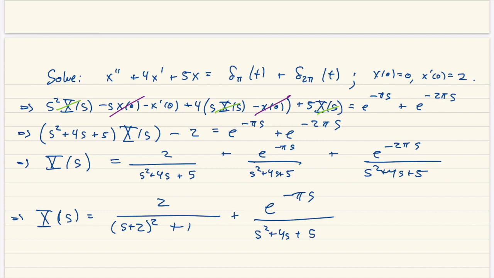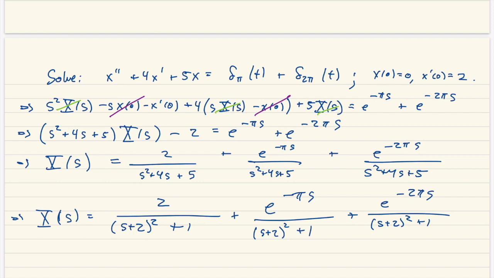Oops, while that's true, that's not what I meant to write. This should be s plus 2 quantity squared plus 1, plus e to the minus 2 pi s over quantity s plus 2 squared plus 1.